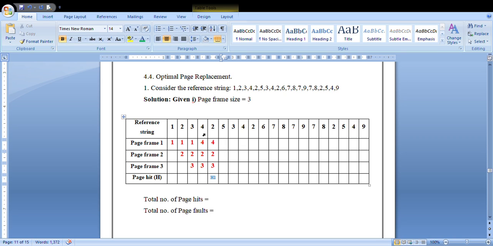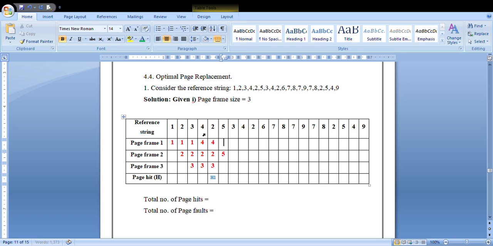In the next 3 values you are not getting 2. After 3 values you will have page 2, but since the page frame is 3, you need to check only the next 3 values. So 2 is not repeated for the next 3 values, so you will be replacing page 2 by 5.